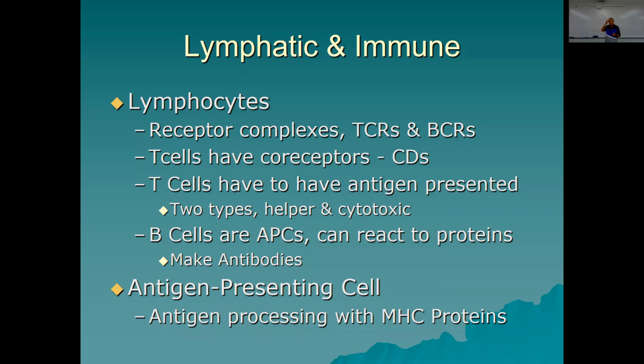So cytotoxic T cells, which kill cells, and helper T cells that help other cells, and they have different CD co-receptors on them. Okay, T cells have to be antigen presented.